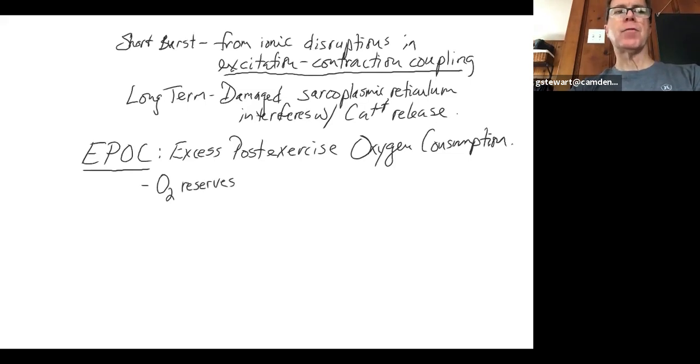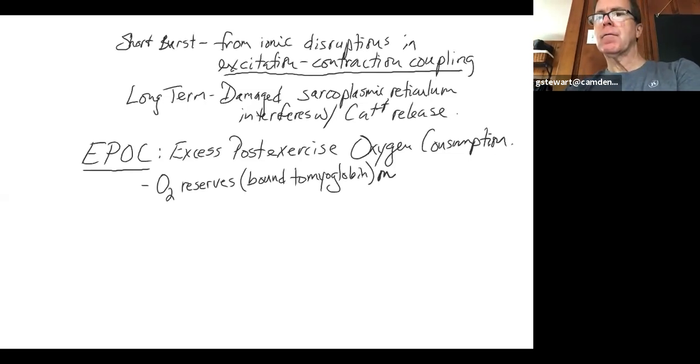The oxygen reserves, and what we mean is within the muscle cell, the oxygen molecules that are bound to myoglobin must be reestablished. So we have to fix that problem after prolonged exercise, get our oxygen reserves back.